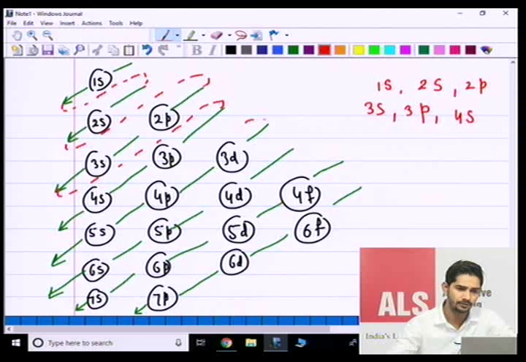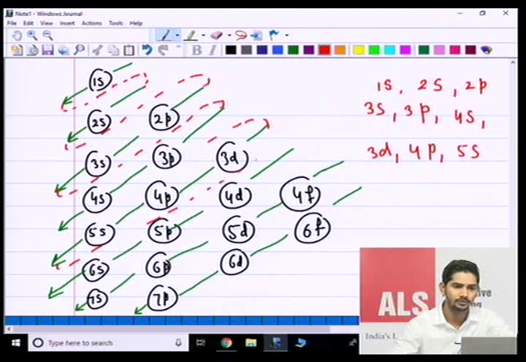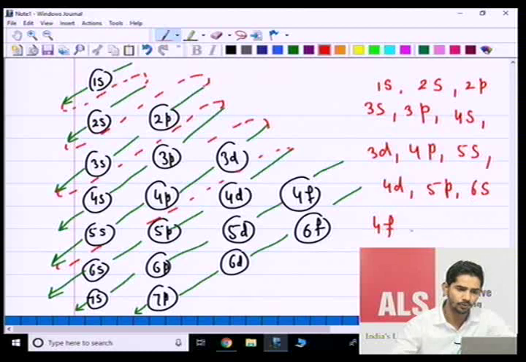After that, 3d, 4p, 5s. Again, get back to the last one. You will have 4d, 5p, 6s. Then 4f, 5d, 6p, and so on.